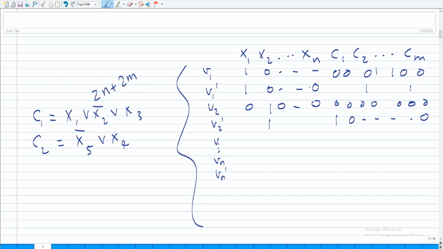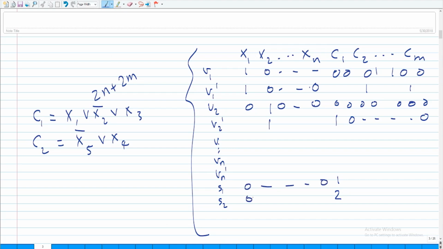Now, I will tell you the 2 numbers corresponding to each clause. Let us call them S1 and S1 prime. S1 will have 1 in the C1th position, and S1 prime will have 2 in the C1th position, and everywhere else there will be 0.